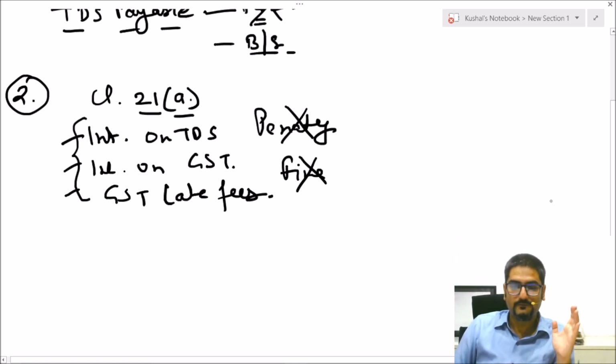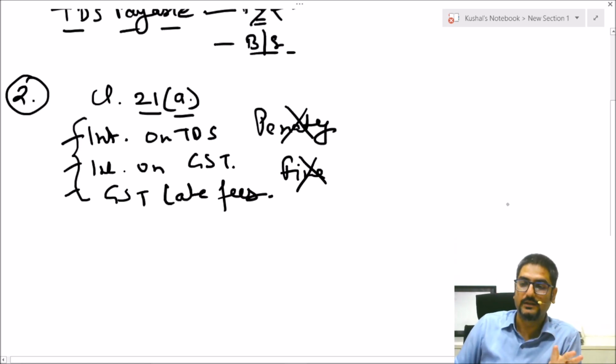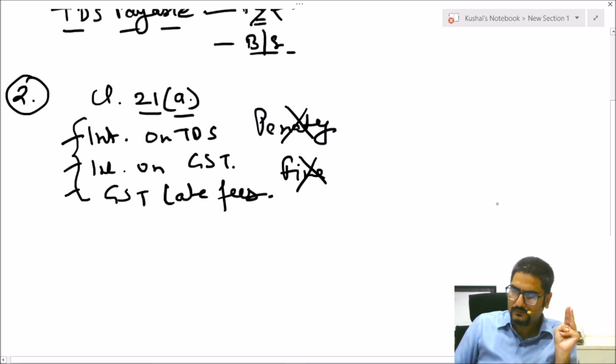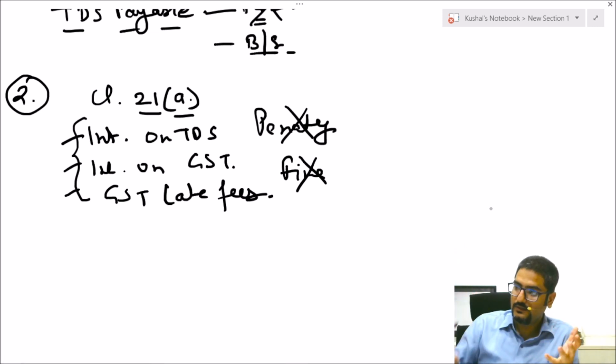A penalty is something which is paid for contravention of any law. Interest on TDS, interest on GST, and GST late fees were paid by the company, or the assessee, just for buying more time for the payment. It is not in contravention of any law.